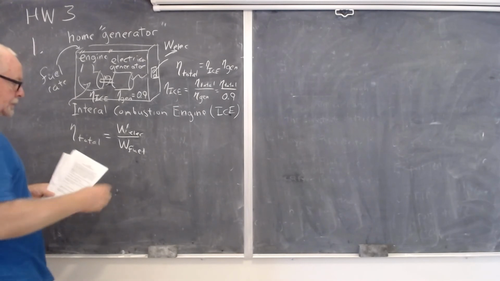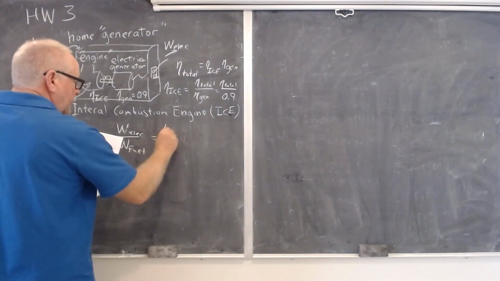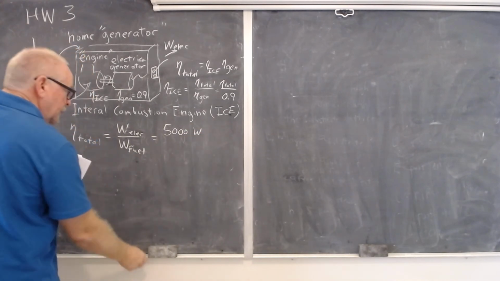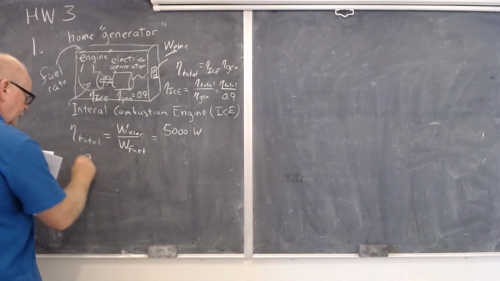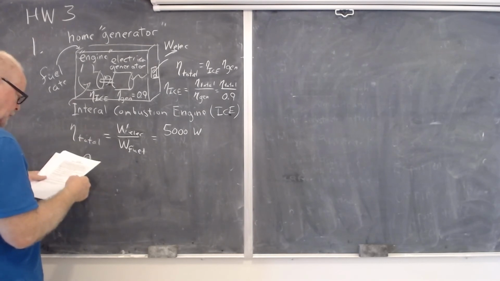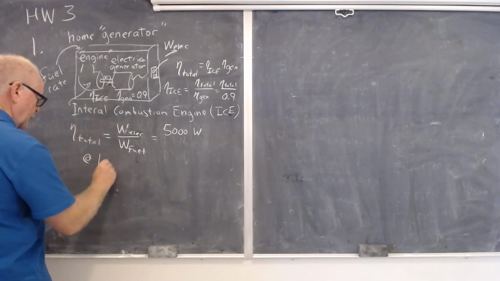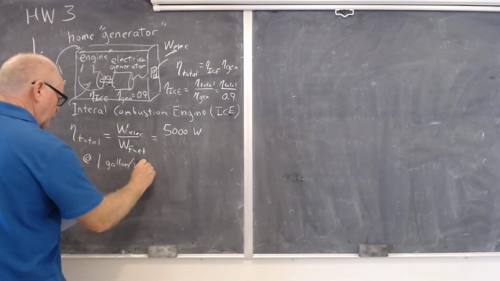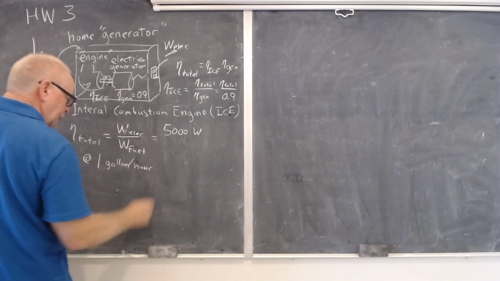And what I told you is that the output is 5,000 watts, and it consumes 1 gallon per hour. Okay, and here our units come into play.